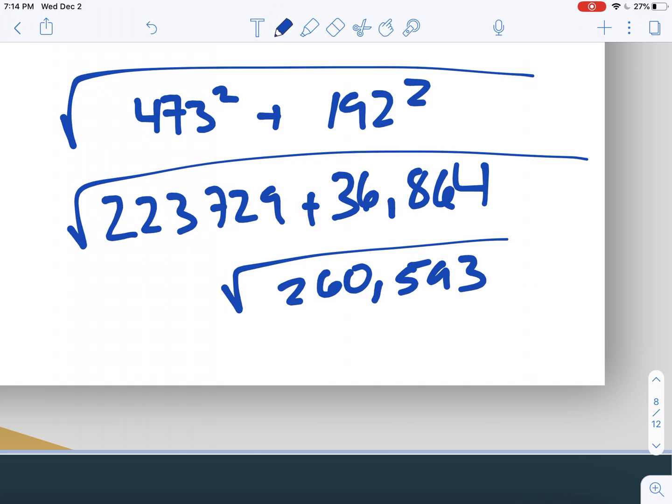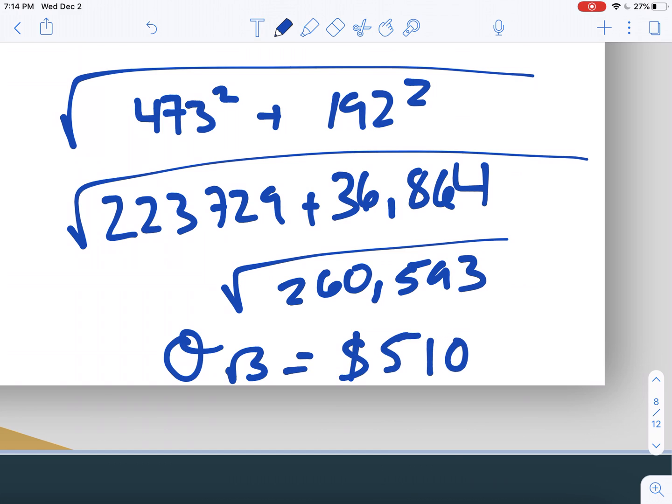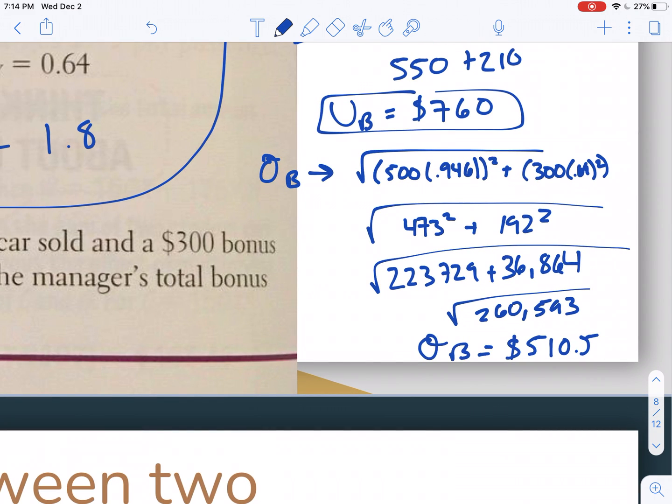And we will find that the standard deviation of his bonus is $510.5. So he's making on average about $760 on an average Friday, and that amount of money typically varies by about $510.50 on any given Friday. So that's kind of how it shakes out for this manager in terms of him making or losing money.